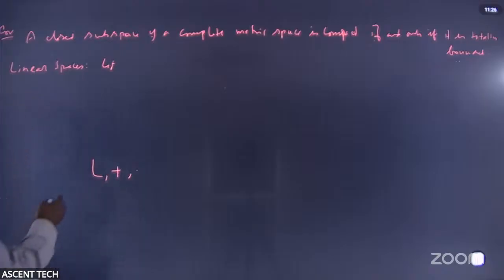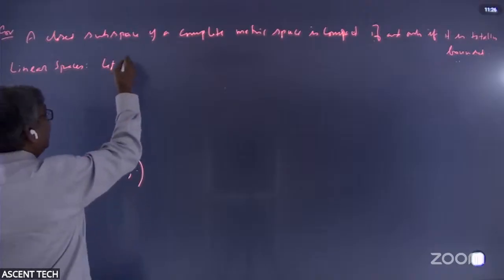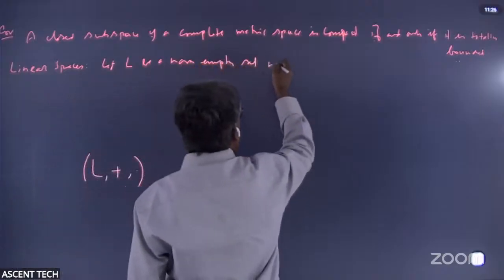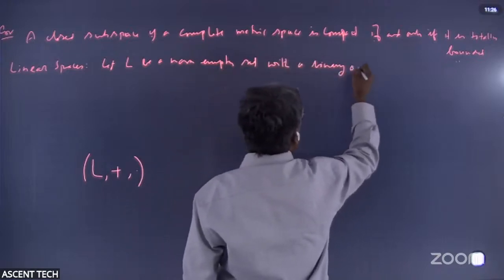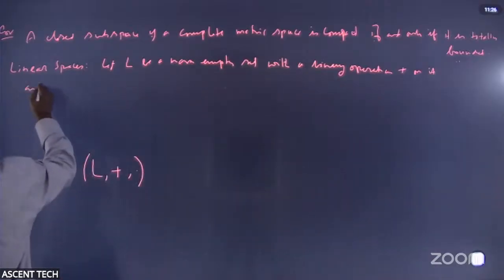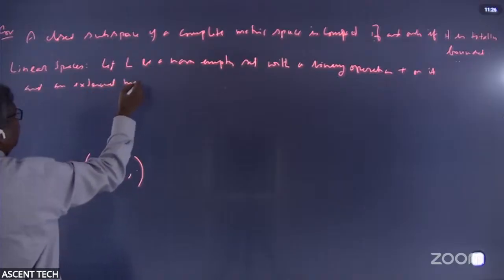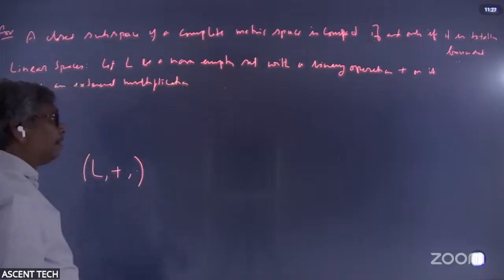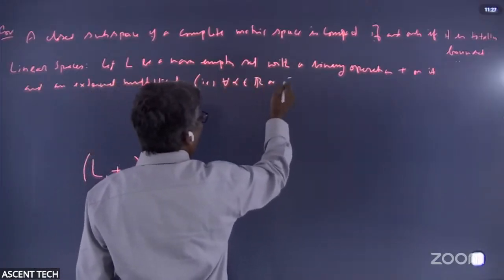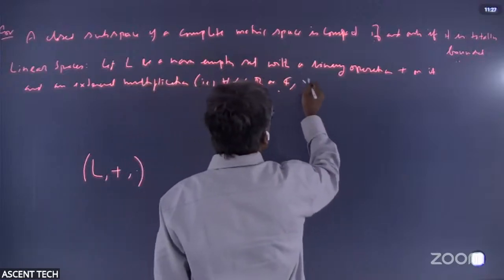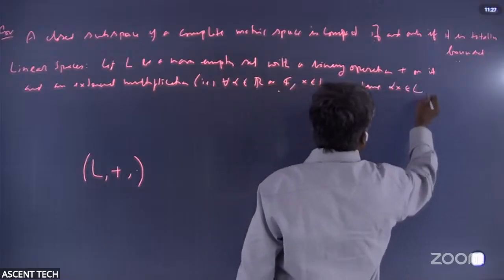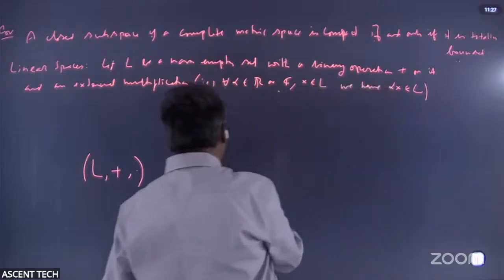Let L be a non-empty set with a binary operation plus on it and an external multiplication, that is, for each alpha in R or C and x in L, we have alpha x in L.